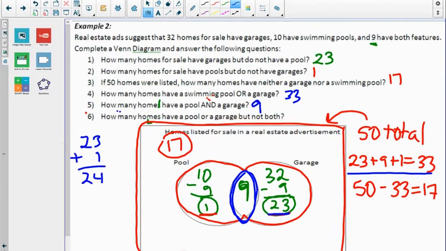You can do it that way, or you can take the either-or number, that 33, and subtract 9 to get 24. Again, sometimes there's more than one right way to do something. It just depends on how you go about solving it. That's the cool thing about this unit, there's more than one right way to solve things.